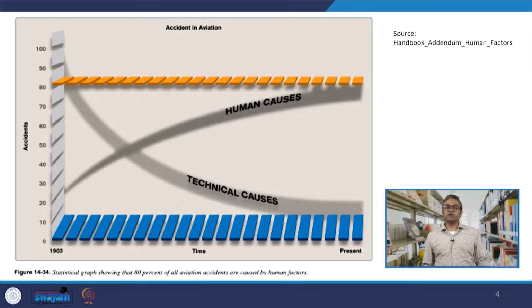And that is what human factors is trying to investigate. In this vast domain of human factors, there are different subdisciplines such as physical ergonomics, psychological ergonomics, cognitive ergonomics, etc. We are more concerned in this lecture series about human cognition and its role in ergonomics.